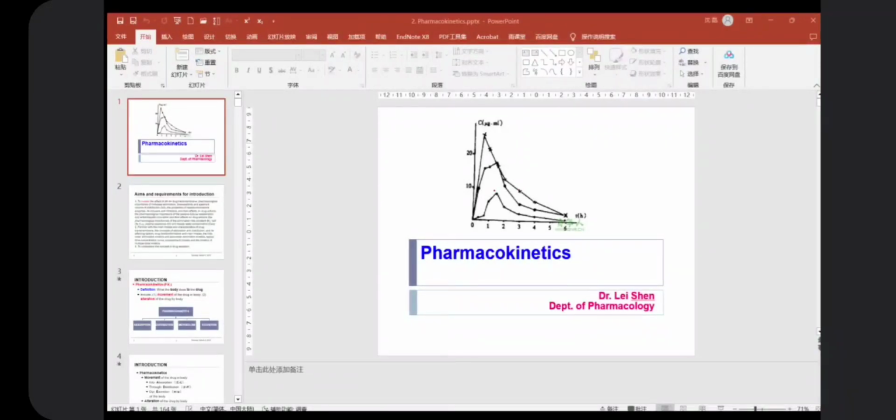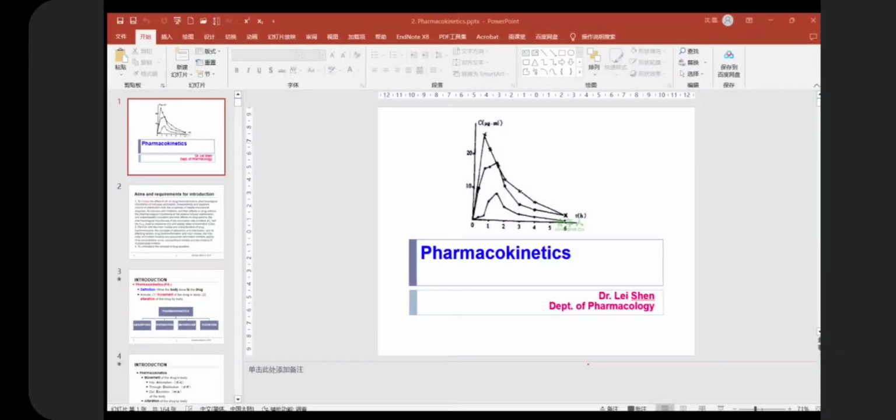Now let's see, it has four major steps. Pharmacokinetics includes these four processes. You need to remember them very clearly: absorption, distribution, metabolism, and excretion. Which belongs to the movement, and which belongs to the alteration?